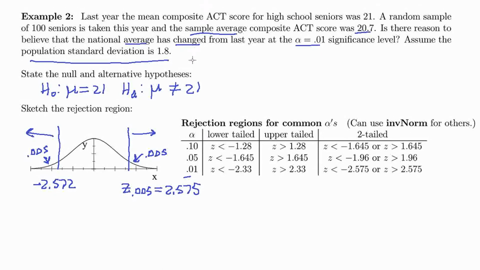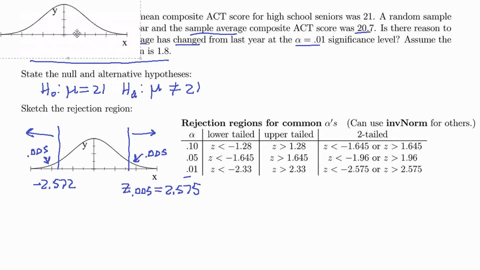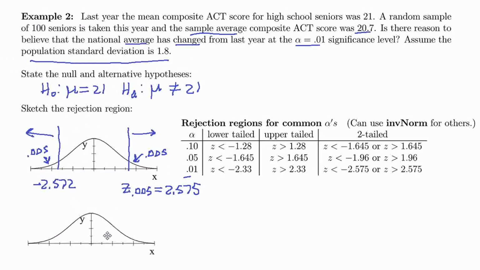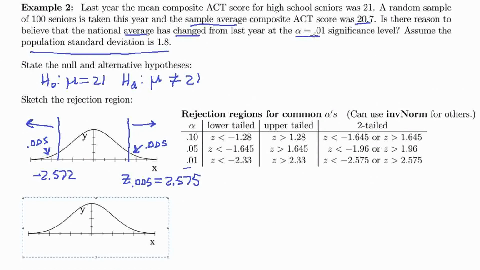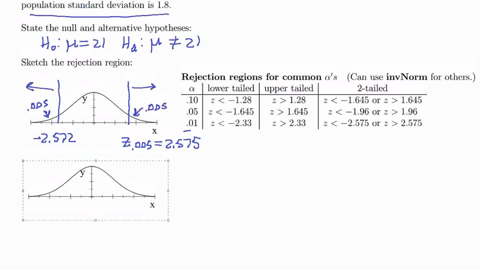So let's also talk about what to do if your alpha is not something that's in the table. Here our alpha was 0.01, that's one of the common values. What if alpha was, say, 0.04? Still a two-tailed test. What do we do? Well, we still have our two rejection regions.